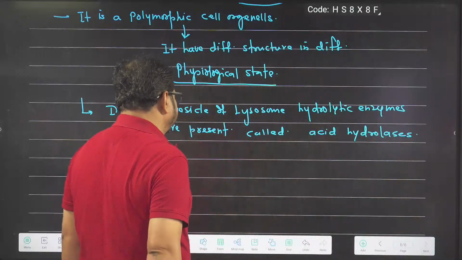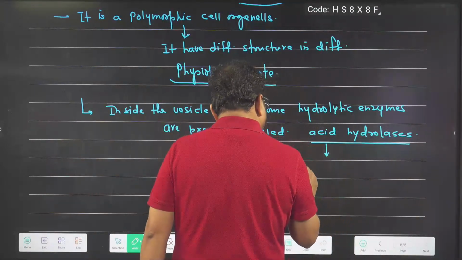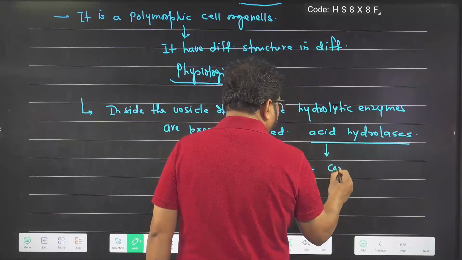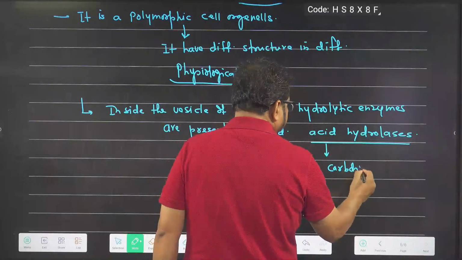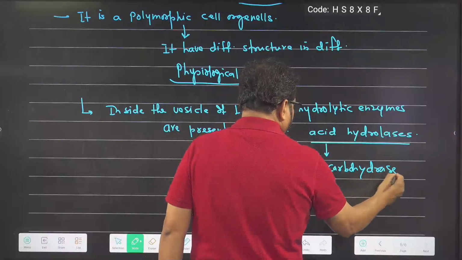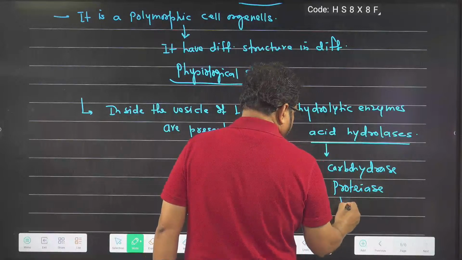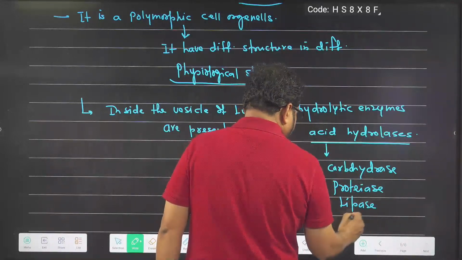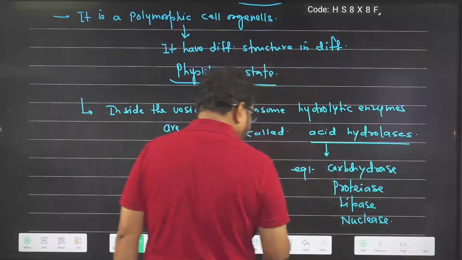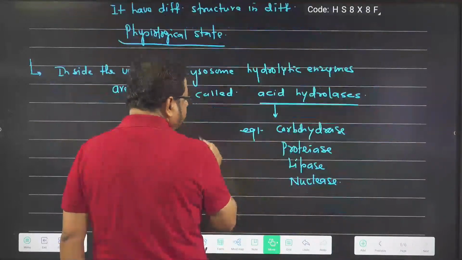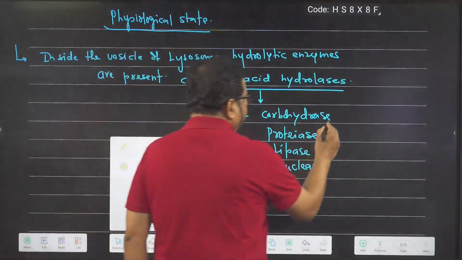Some examples of acid hydrolases, that is, hydrolytic enzymes present in the lysosome, are carbohydrase, protease, lipase, nuclease. Got the idea? So these are some examples of hydrolytic enzymes present in the lysosome.